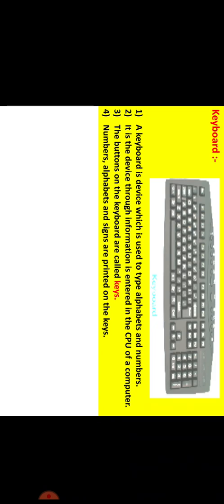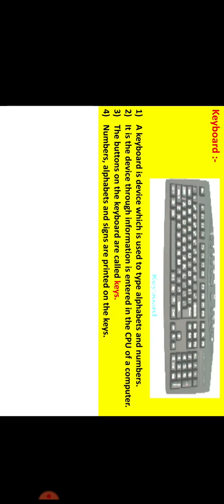Next point, the buttons on the keyboard are called keys. You can see the small keys on the keyboard, A, B, C, D, E, F, G, all these keys. A small button is called a key.